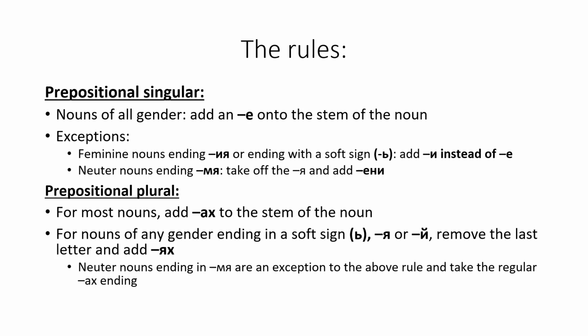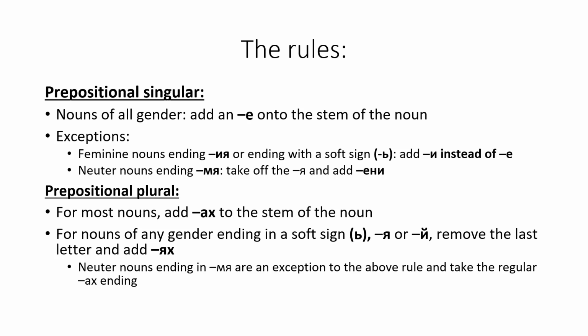So here I've just tried to gather up the rules governing the prepositional case and put them all in one place. So with the prepositional singular, you just need to remember mostly that most of the nouns add ye onto the stem. And there are only a few exceptions, starting with feminine nouns ending in ia, or soft signs, which have softer endings of e instead of ye.